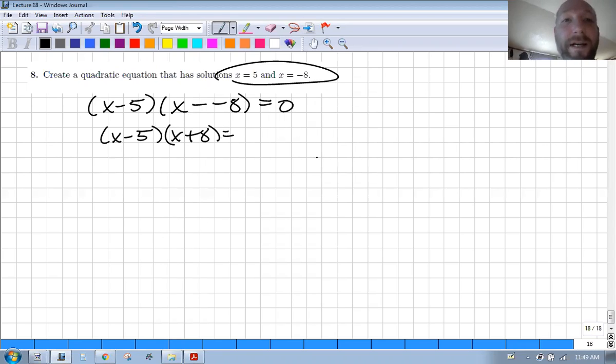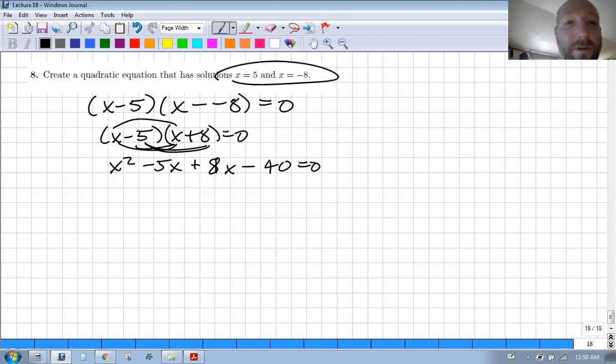We can multiply it out if you want. We have x squared minus 5x plus 8x, and then minus 40, or x squared plus 3x minus 40 equals 0. These are the same thing.